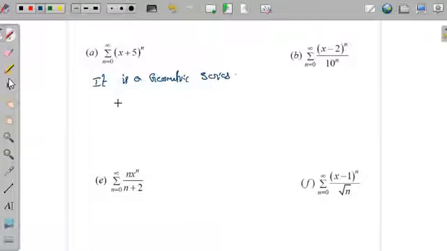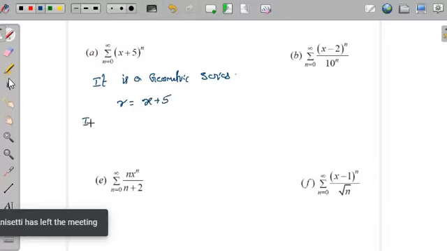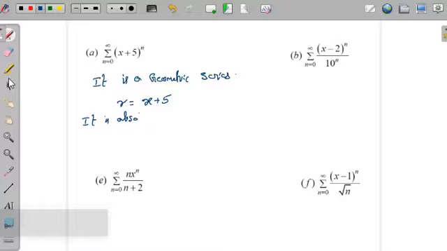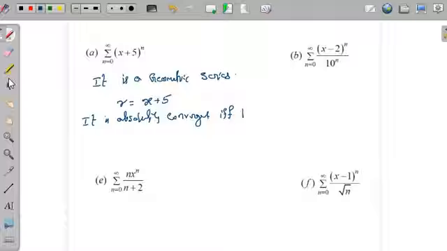Geometric series, and here r equals x plus 5, and we already know that it is convergent. Moreover, it is absolutely convergent if and only if modulus of r is less than 1. Means absolute value of x plus 5 is strictly less than 1.